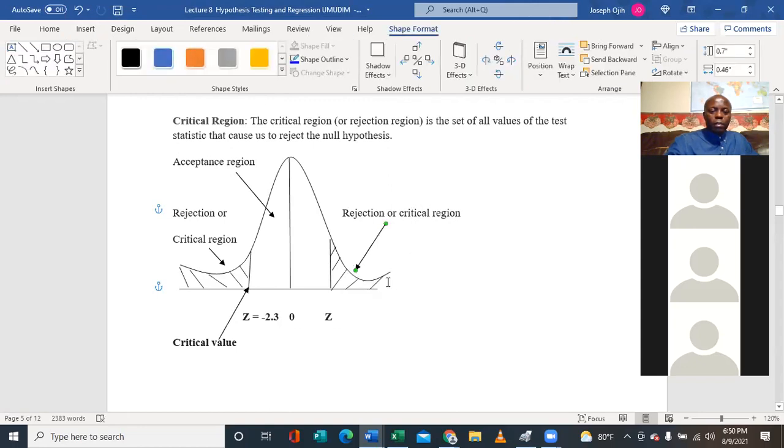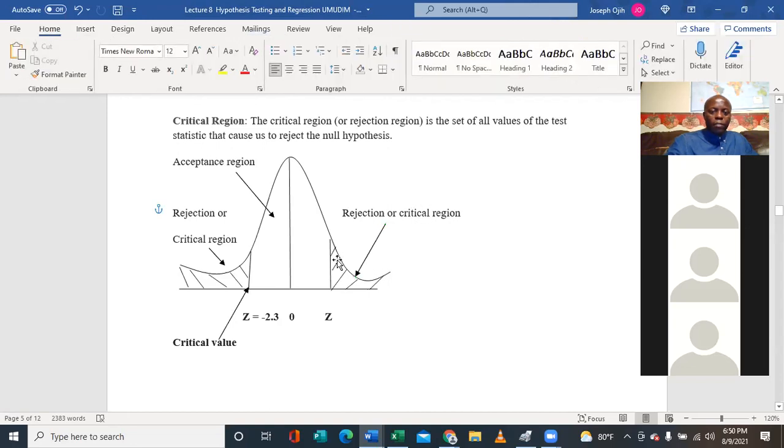If your answer falls here, this is the critical region, and the critical value is where it starts. In this case, let's say it is 2.3 or 2.4. It doesn't matter what the answer is.